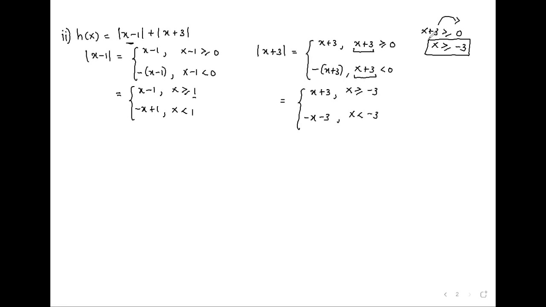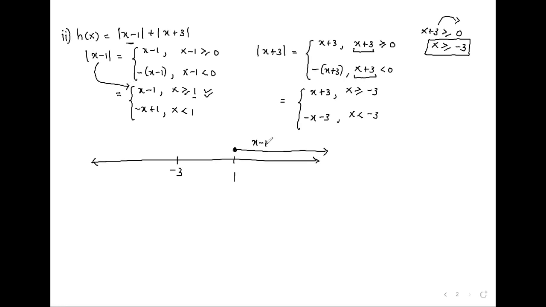All right. Then you put a number line, pick the number -3 and the number 1. And then you're saying when x is greater or equal to 1, going this side, this function is defined as this piece, x minus 1.